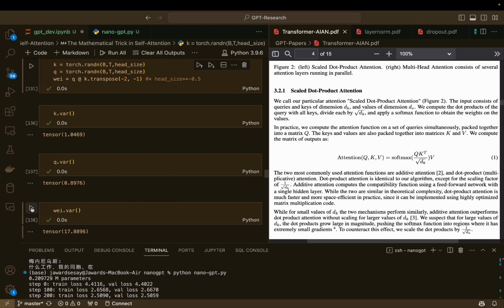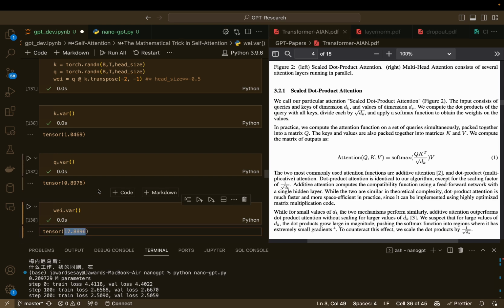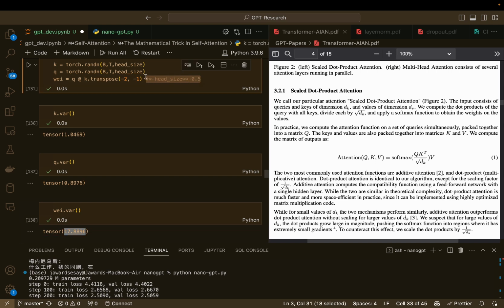So this value here, for example, without multiplying it by 1 divided by the square root of dk, we will actually get the tensor to be almost the same as or more than the size of our head size, which will cause overfitting. So what this multiplication does is basically control the variance.